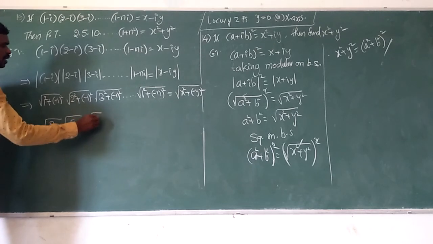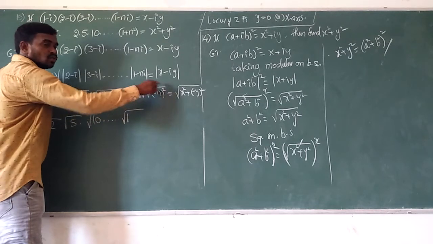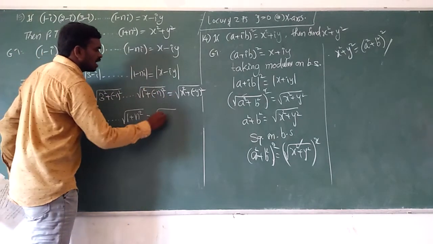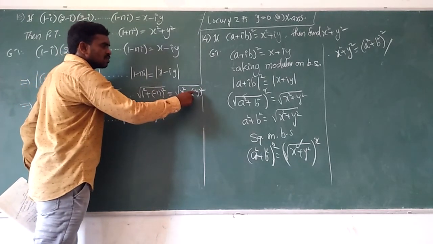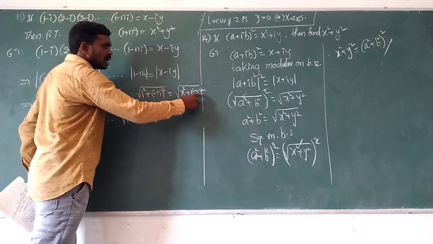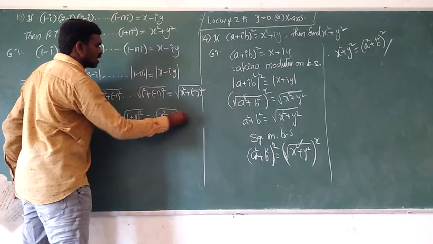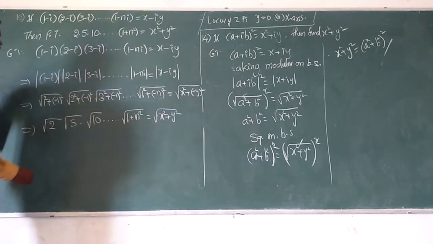Into root becomes 10, and so on, root of 1 square plus minus n whole square means plus n square, is equal to root of x square plus minus y whole square. Don't think plus into minus, because the minus has a bracket and a square. So minus y whole square is plus y square. So both sides have a root. Okay now? Take squaring on both sides.